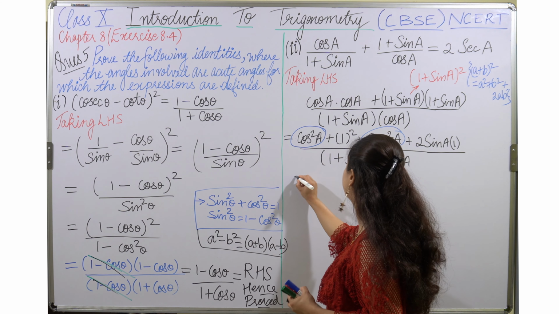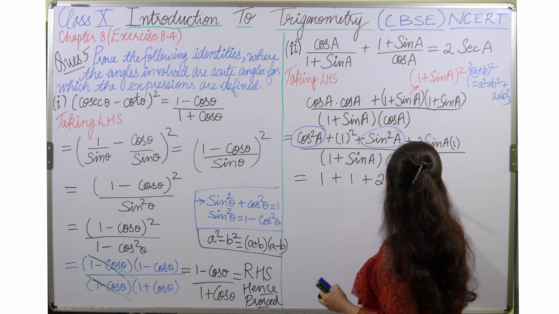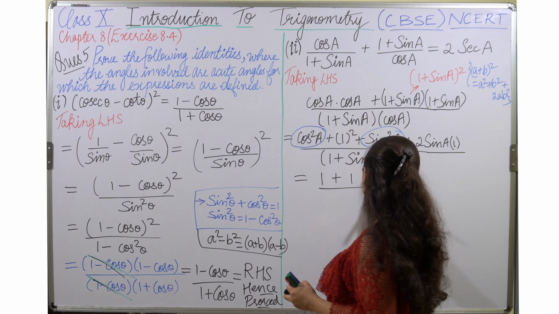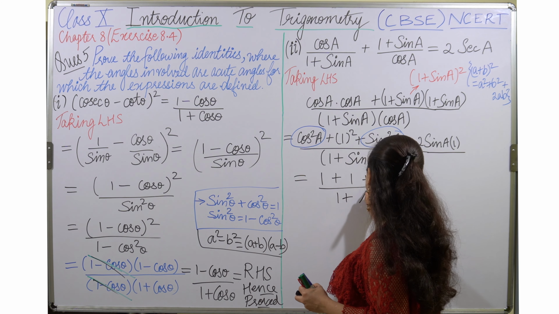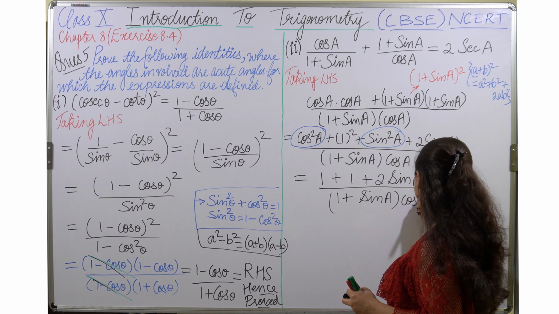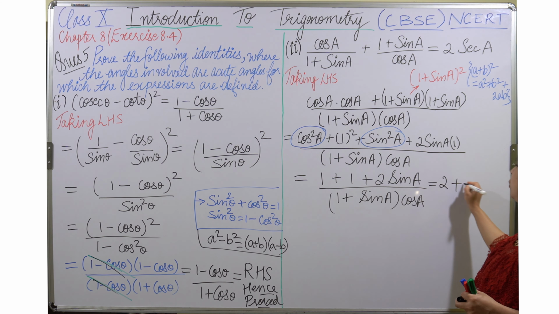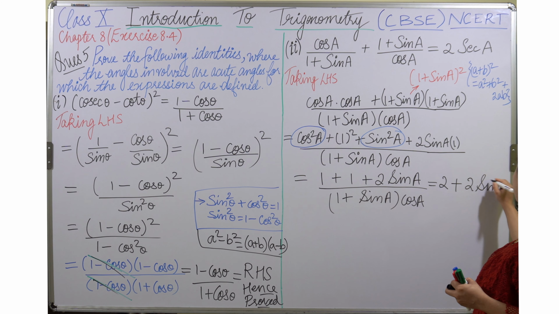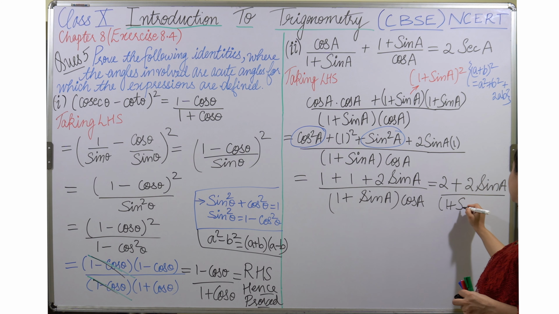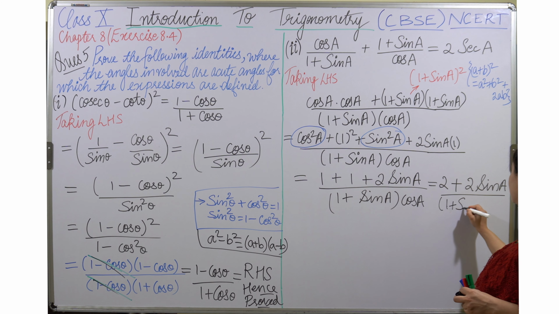Over here I'll be getting 1 plus 1 plus 2 sin A upon 1 plus sin A into cos A. Adding 1 and 1, I'll be getting 2 plus 2 sin A upon 1 plus sin A into cos A.